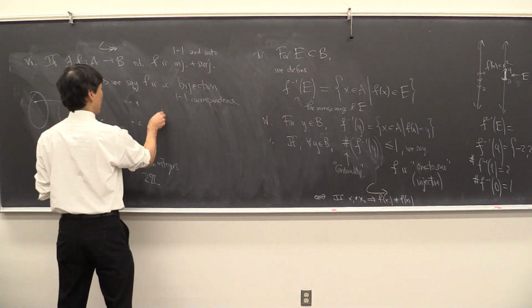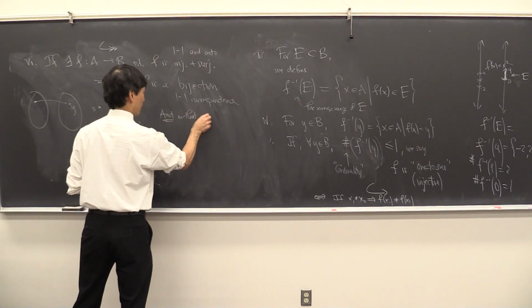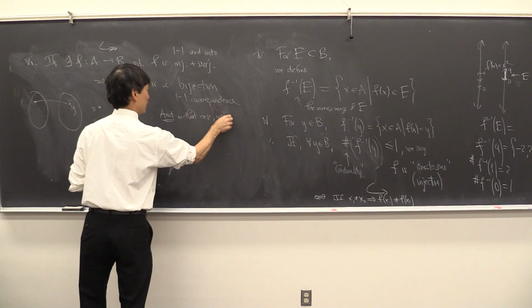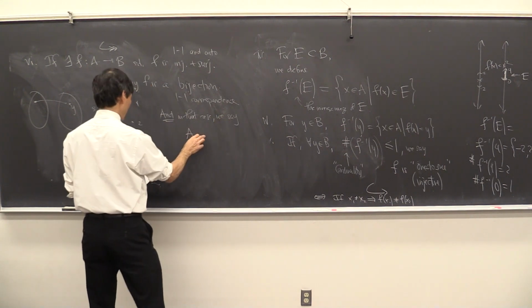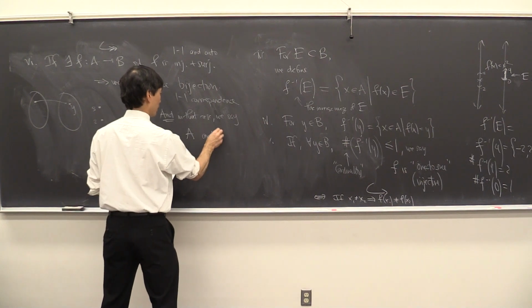And importantly, in that case, we say that A and B have the same cardinality.